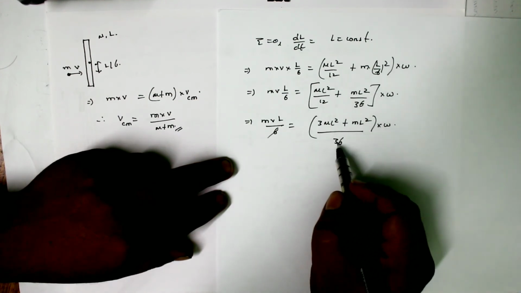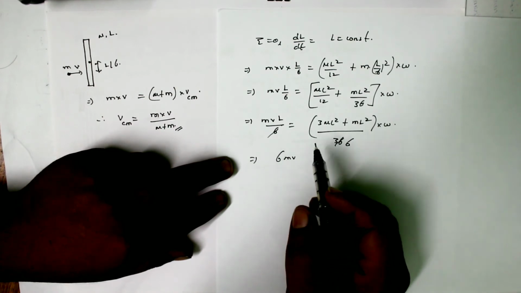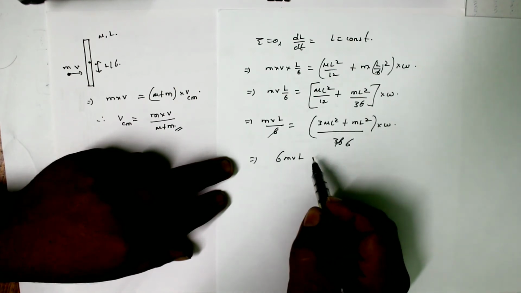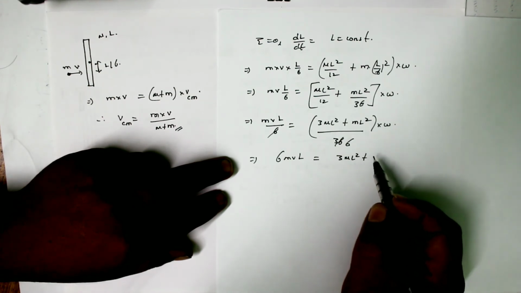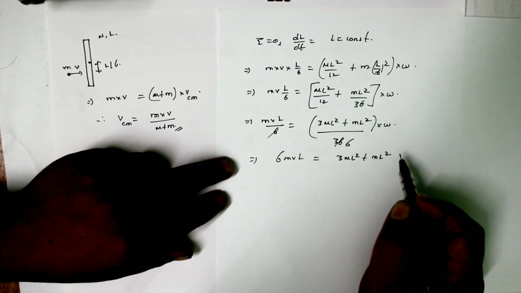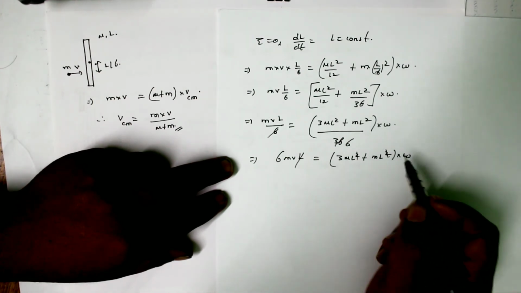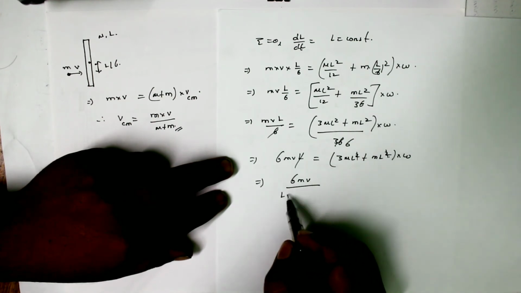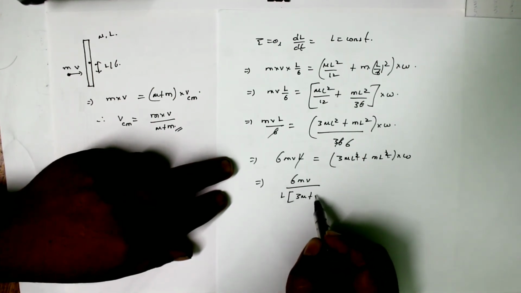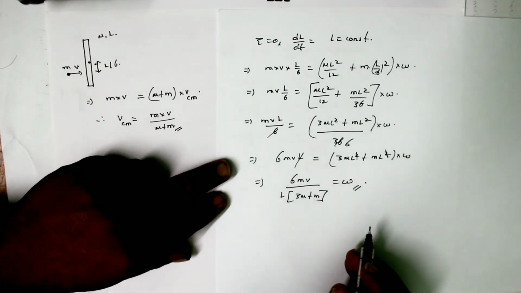So 6mvL is equal to 3mL square plus mL square into omega. L and L square get cancelled. So 6mv divided by L, taking m common, gives 3m plus m equals omega. This is the angular velocity of the rod.